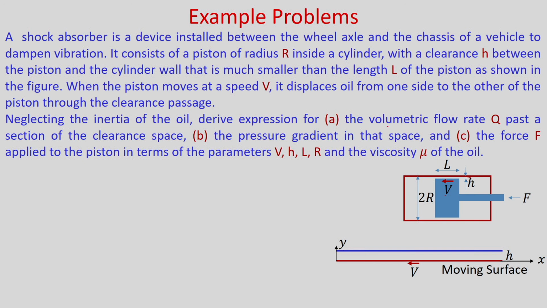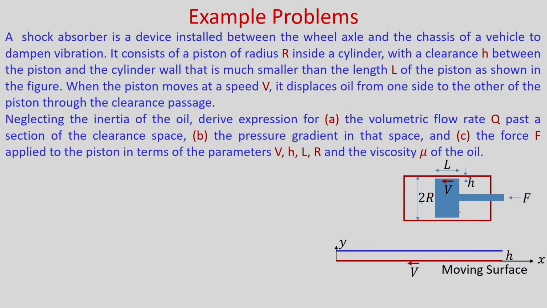So, now we need to calculate the volumetric flow rate. So, you can see whatever it is actually compressed. So, due to that movement of this piston, whatever fluid will be reduced, that will be going through this passage in the other direction. Okay. So, if A is the area, so V A will be the Q, and that Q will obviously pass through this small clearance passage.